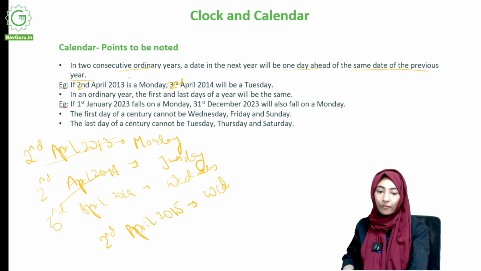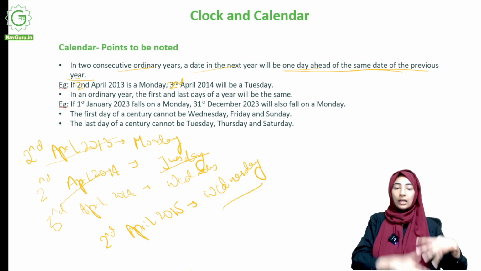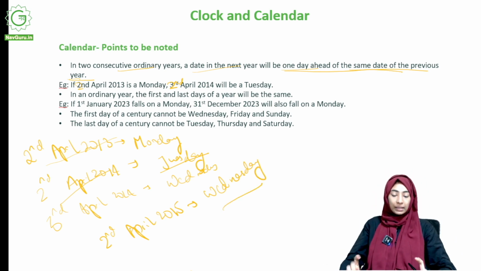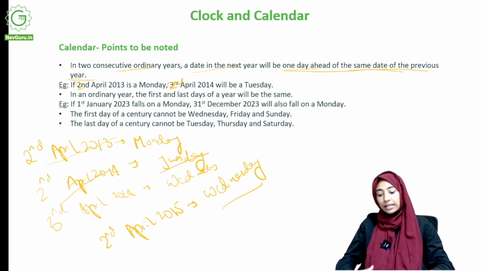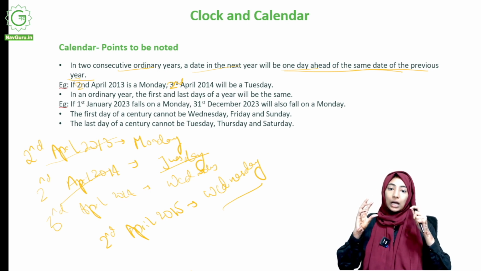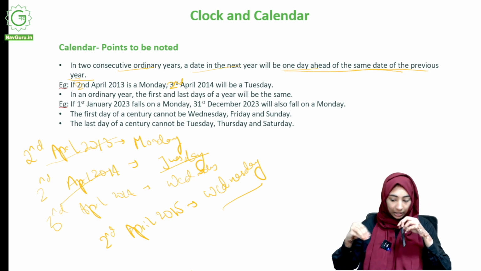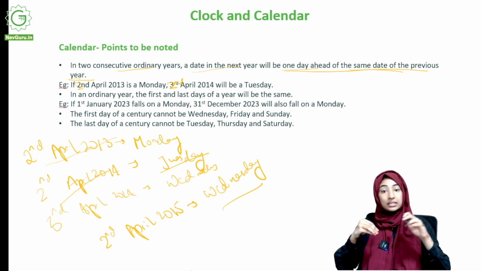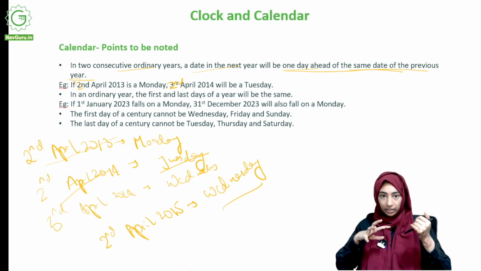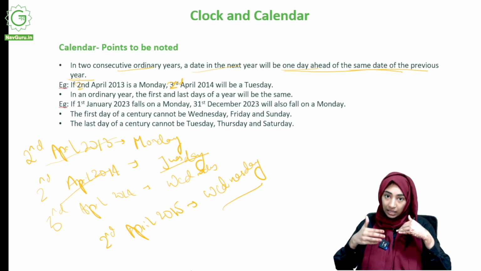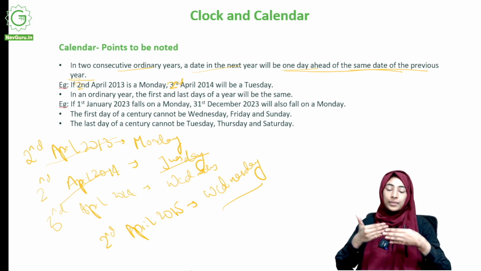Because as per this formula, a date in the next year will be 1 day ahead of the same date of the previous year. So here, if it fell on a Tuesday, 2015 will fall on a Wednesday. So this is a very beautiful concept. Basically, if you know which day a date falls on in one particular ordinary year, you can say which day this date will fall on in the immediately next, consecutive ordinary year.